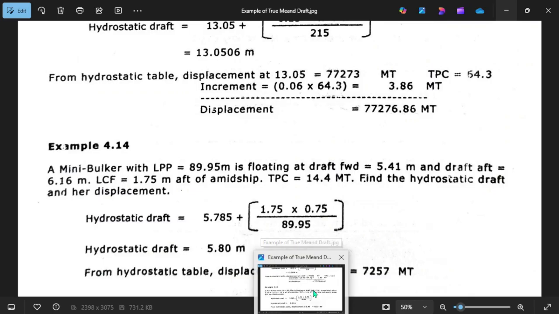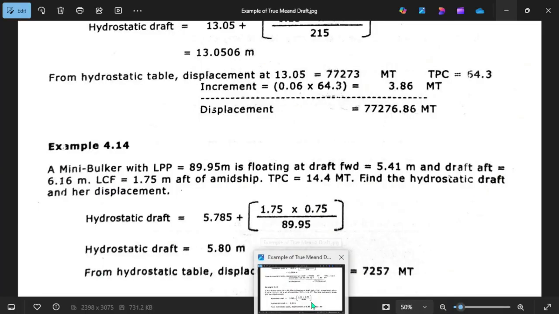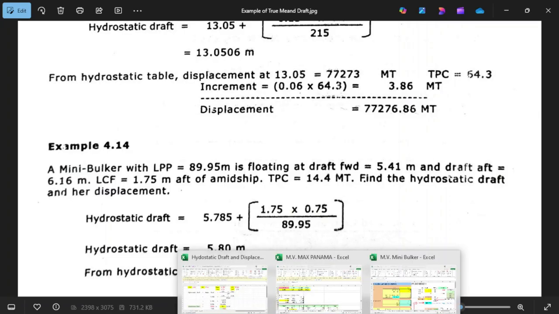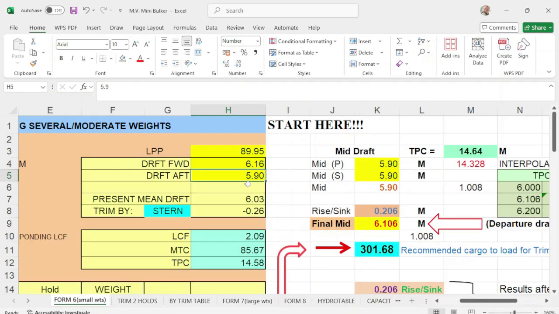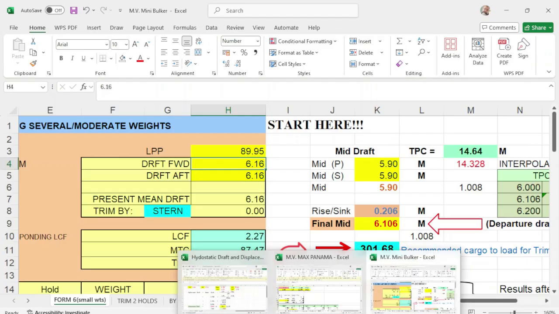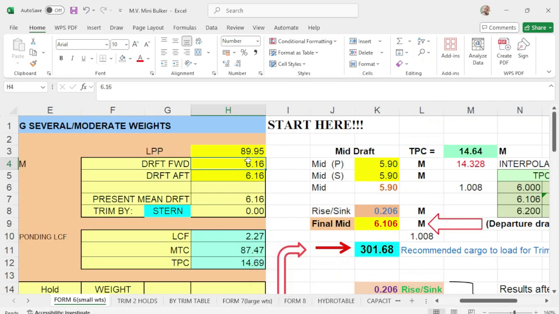Aft drop is 6.16. Aft drop is 6.16, and forward drop is 5.41.